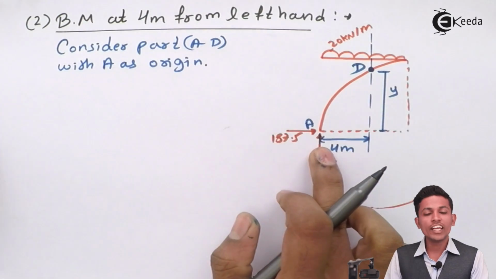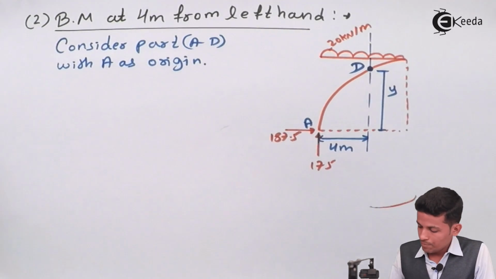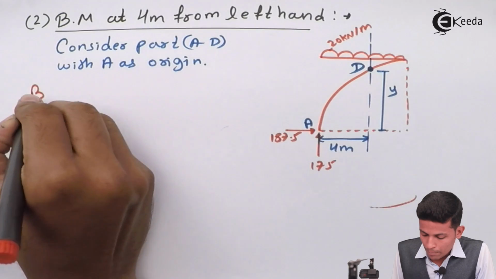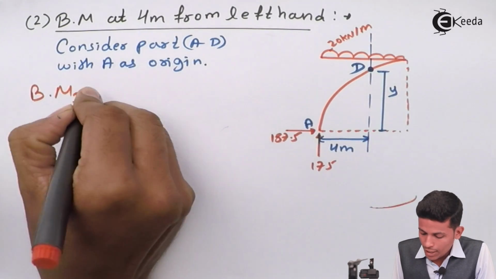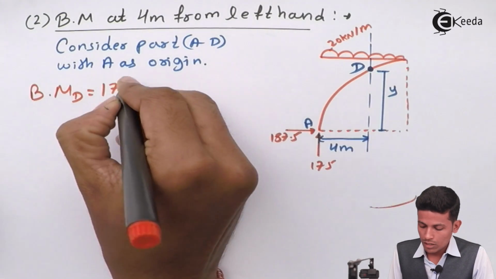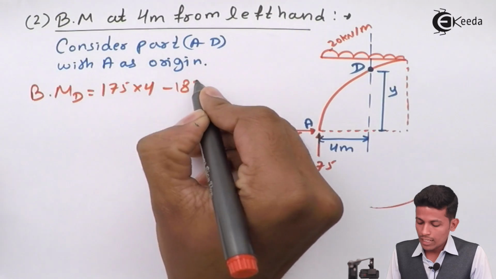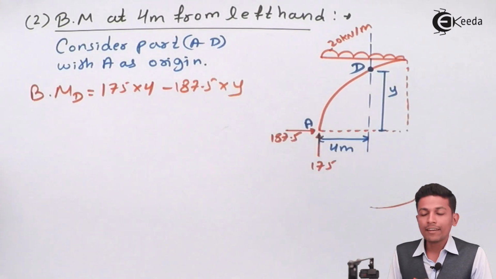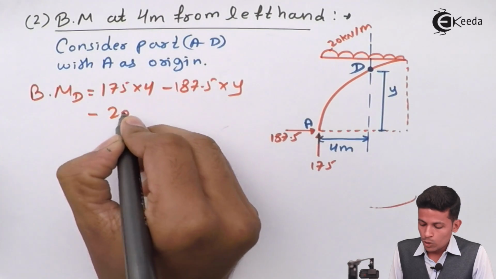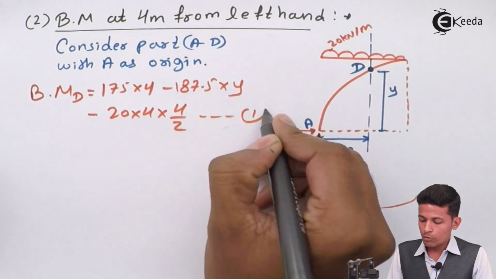Write the bending moment at D equal to 175 into 4, minus 187.5 into y. Then the UDL also comes into the picture, so minus 20 into 4 into 4 by 2. Name it as equation number 1.